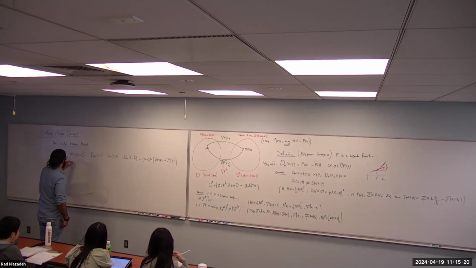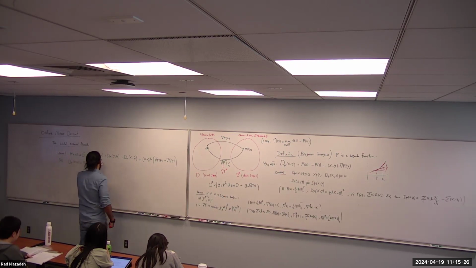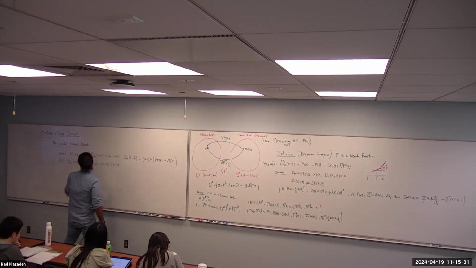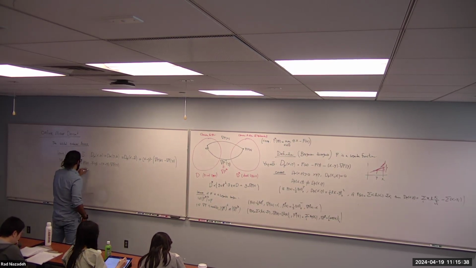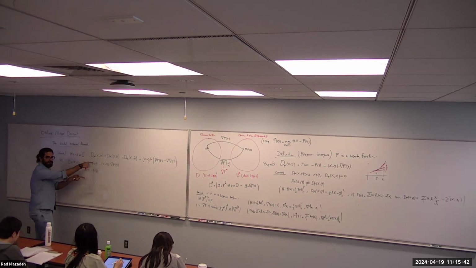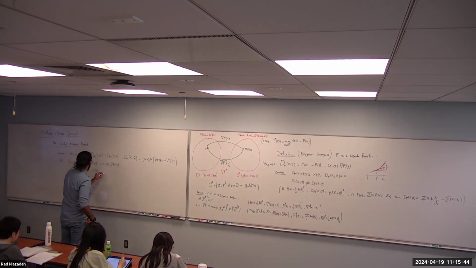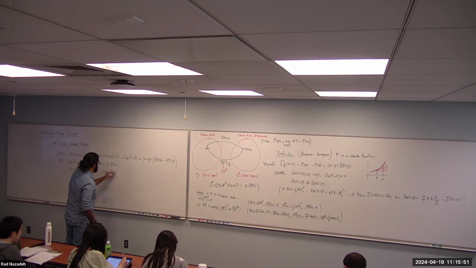So D_f of x and y is f(x) minus f(y) minus x minus y dot gradient of f at y. D_f of y and z is f(y) minus f(z) minus y minus z times the gradient of f at z.